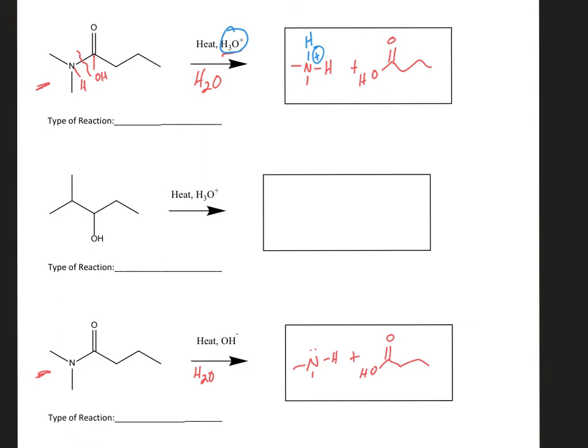And when I'm in a base, I need to remove that hydrogen down below because acids and bases react together. And I end up with a negative charge right there. Okay, so they're the same except for the fact that you have to then take into account that you're in an acid or a base. So both of these would be a hydrolysis. This would be an acid hydrolysis, and this would be a base hydrolysis.